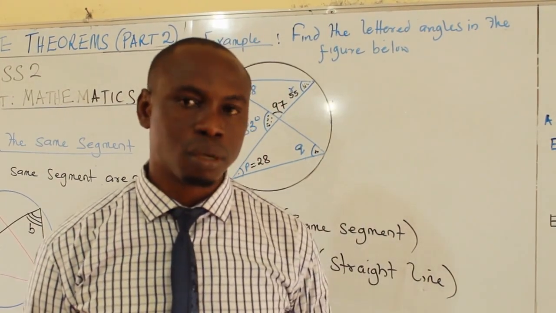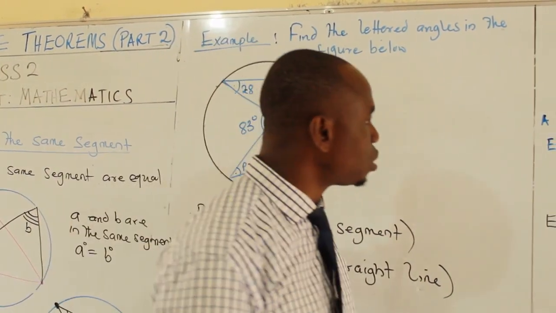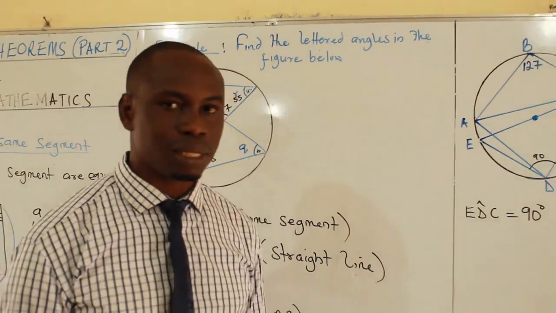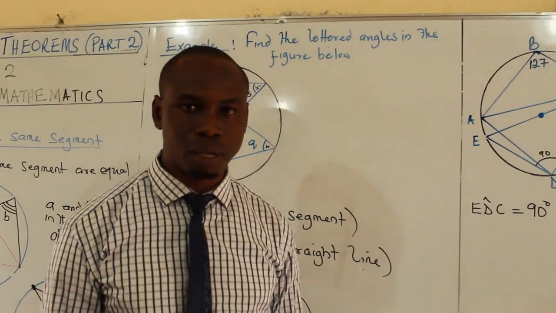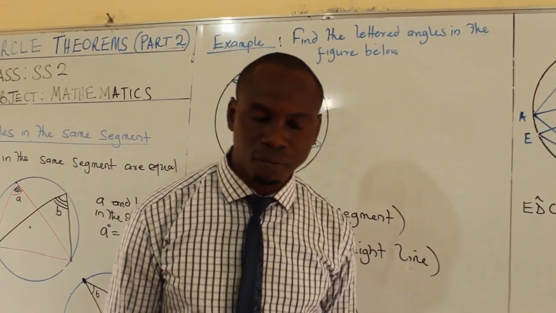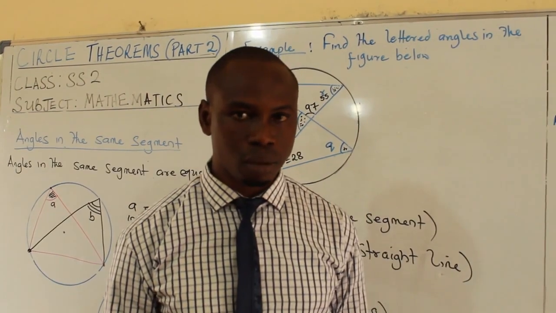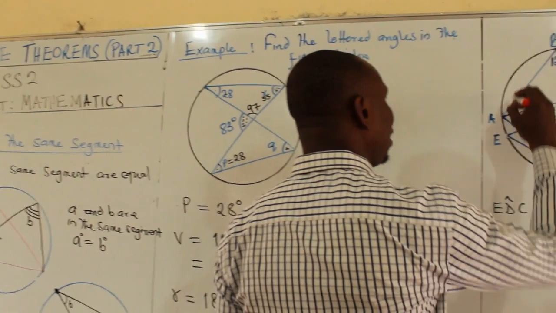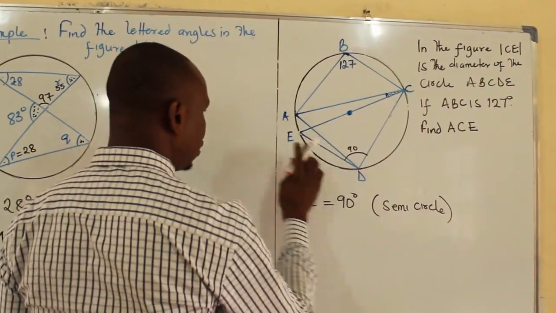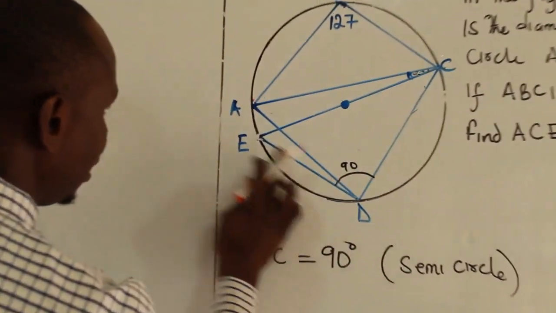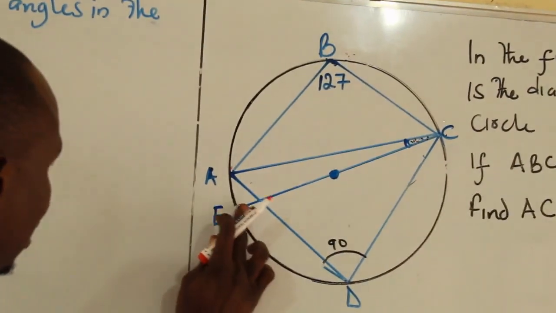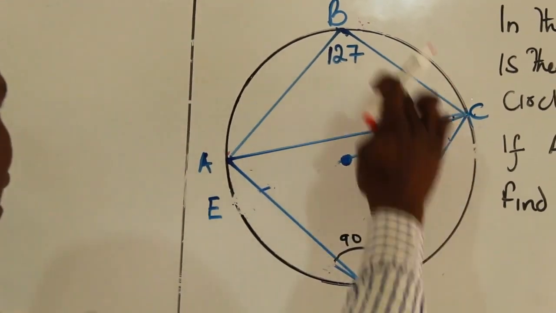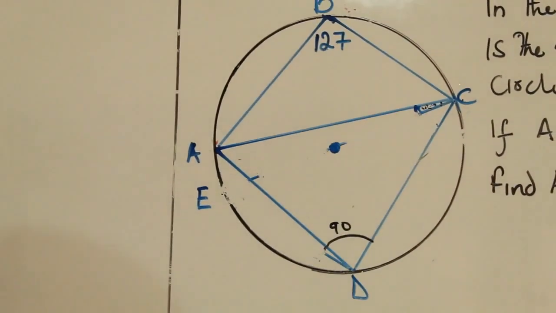The cyclic quadrilateral here is ABCD, neglecting this line ED. Without this line ED, you can agree with me that this is a four-sided figure.